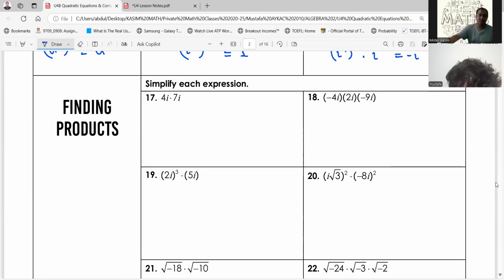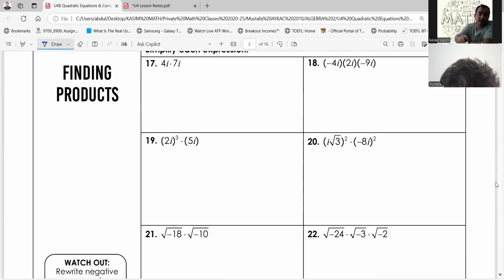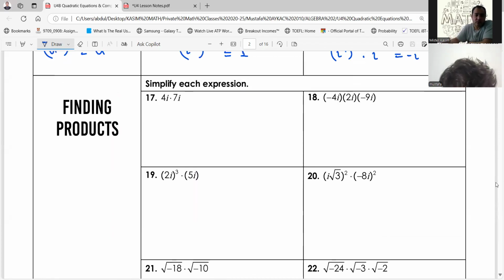Simplify each expression. Again, just keep in mind that we have a simple definition. What is that? i is equal to the square root of negative 1. First, we multiply real part by real part, imaginary part by imaginary part, then simplify. Right? 4 times 7 is 28, and i times i is negative 1, right?